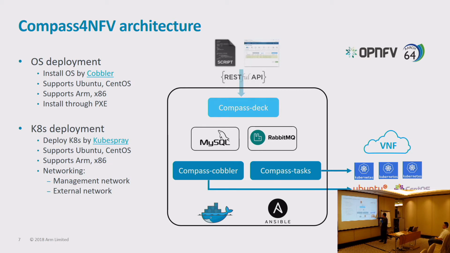It deploys Ubuntu or CentOS or other Linux distros onto bare metal servers. After the operating system is running, you can use Compass tasks, another Ansible-based project, to deploy Kubernetes or OpenStack above the running OS, and above which we can develop our VNFs, virtual network functions.